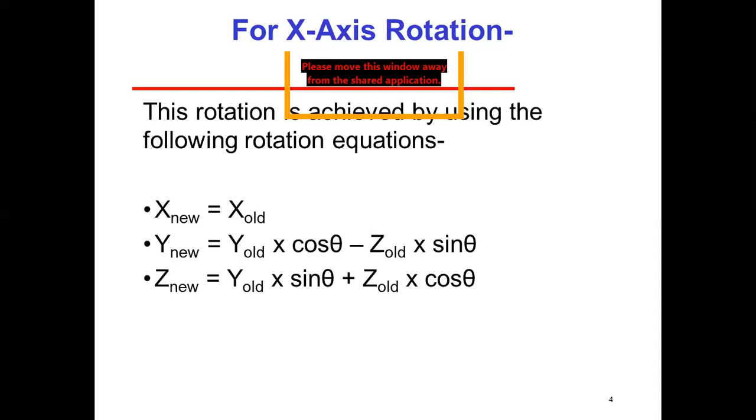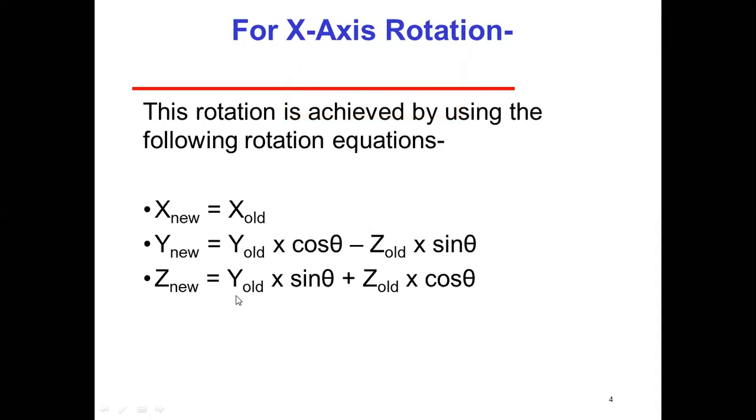If we are going to rotate our object about x axis, then x new and x old will remain the same. Only the y axis and z axis coordinates will change. So how will we get the new coordinates of y and z? y new equals y old cos theta minus z old sin theta.